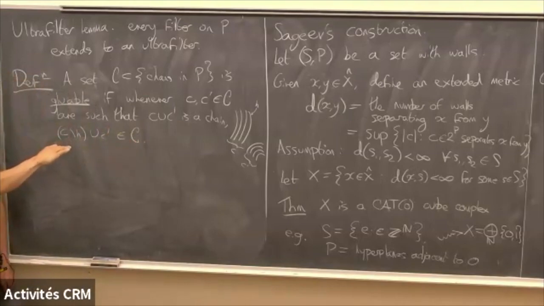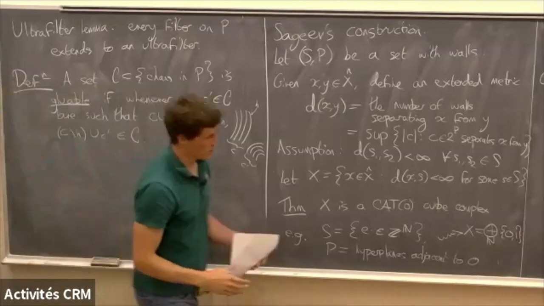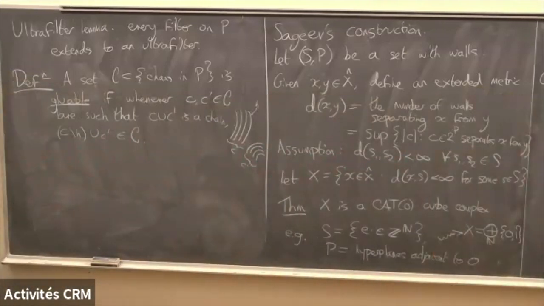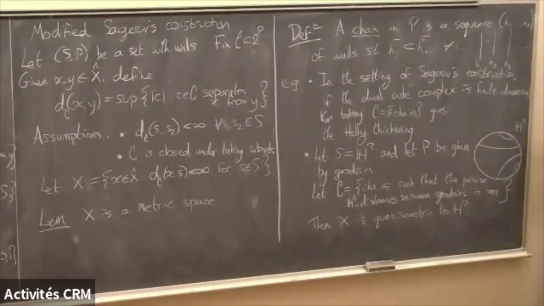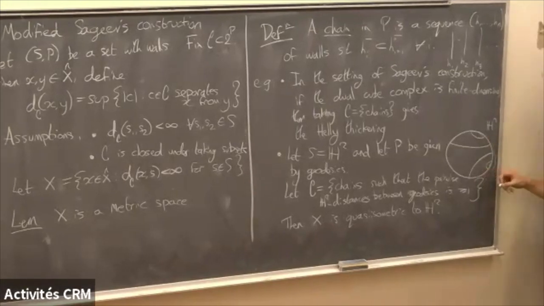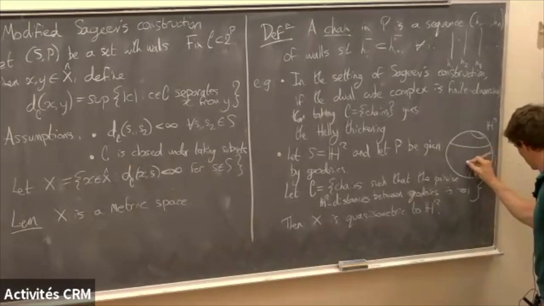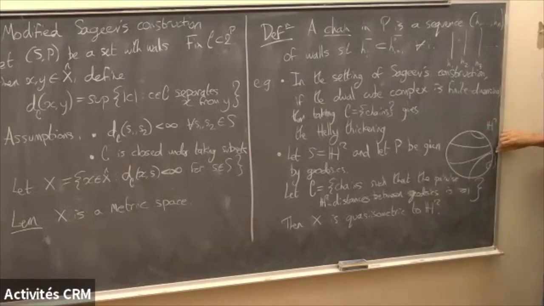Why did I throw one away? To answer that, I'm going to come back to this example over here. An allowable chain had to have the geodesics at pairwise distance at least 1. So this thing here is an allowable chain; these guys are at pairwise distance 1. Now, if I do this, then these ones also form an allowable chain, these ones are at pairwise distance 1, these ones are at pairwise distance 1, but these two here are too close together.